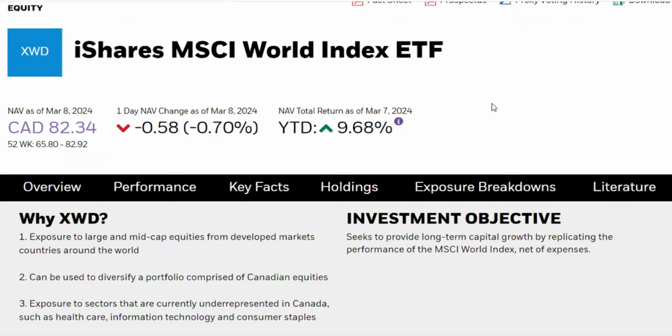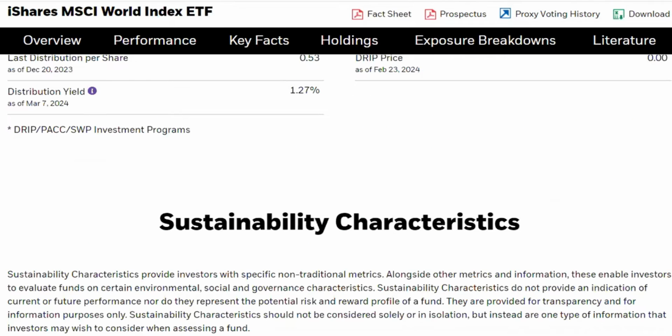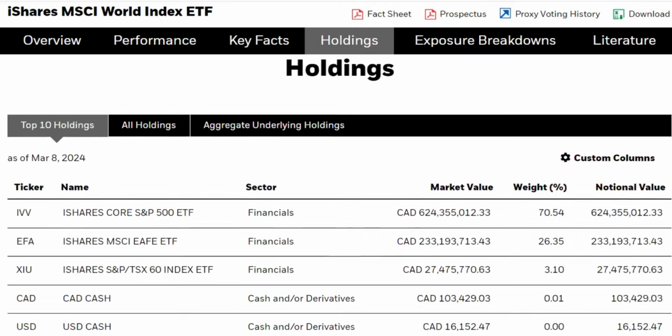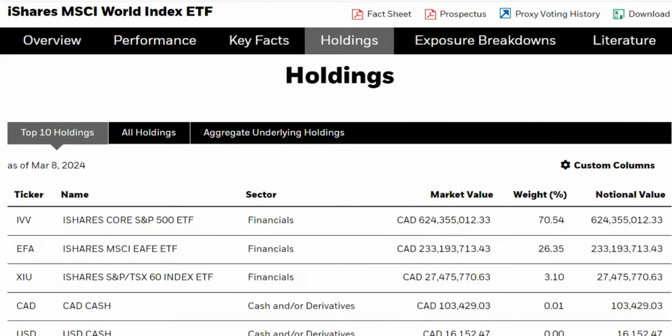Now, if we compare that exposure to that of what is offered through XWD, here you have three ETFs as part of XWD that are underlying ETFs. The first one, you see close to 71% exposure to the S&P 500 in the US. So focus is on S&P 500 in the US, not the total stock market, and almost 71% exposure there. That's quite considerable exposure to US stock market and only in the S&P 500 mainly.